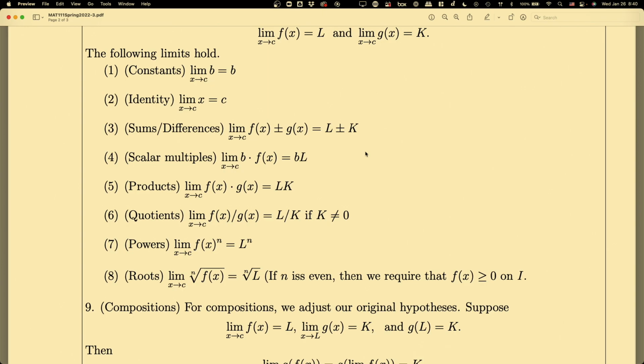Okay, so then we come to the fun one, division. Because what's the problem that we might run into with division? Yeah, what happens if the bottom limit is 0? Then we have problems, okay? And it might work out in certain examples, but it might not in others, okay?